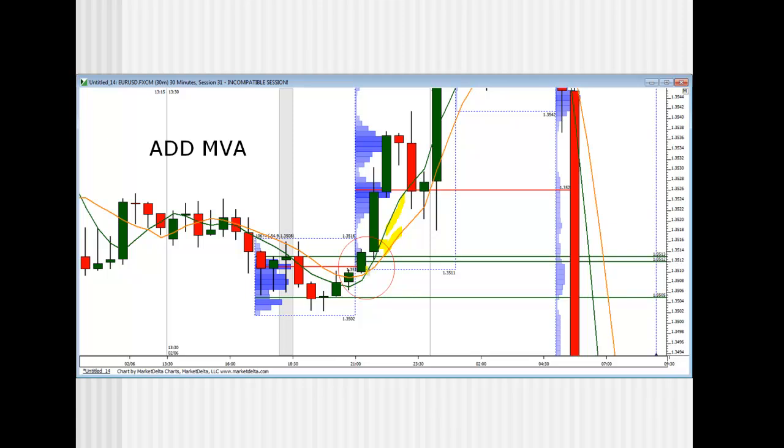And notice the nature of the slope of the simple 5 moving average followed by the slope of the 8, both sloping up. That is a very nice long pattern, gives me a high level of confidence in these entries. And the simple moving averages are just real simple tools, but they take on a whole new meaning once you begin to use them with the profile tool on the chart.